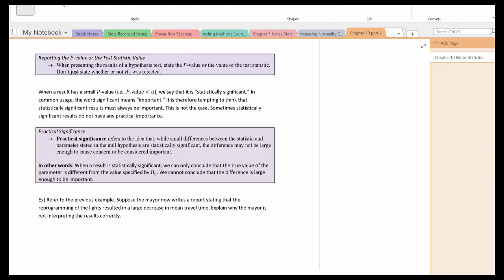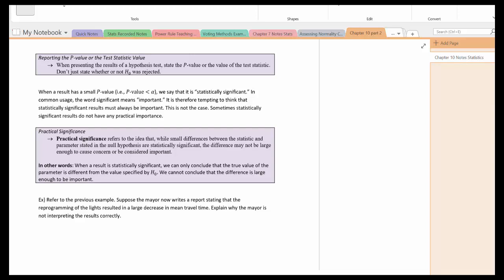This idea of practical significance refers to the idea that while small differences between the statistic and parameter stated in the null hypothesis are statistically significant, the difference may not be large enough to cause concern or be considered important. In other words, when a result is statistically significant, we can only conclude that the true value of the parameter is different from the value of the null hypothesis.